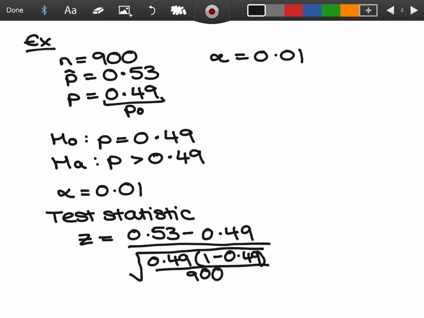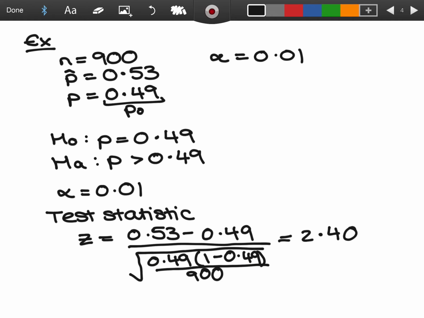Okay, you can go ahead and quickly figure that out. I can do that on a calculator very quickly. Okay, I get my Z value is 2.40. Okay, so that is my test statistic.